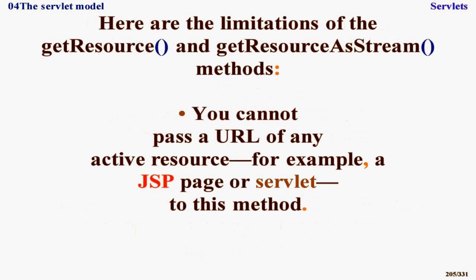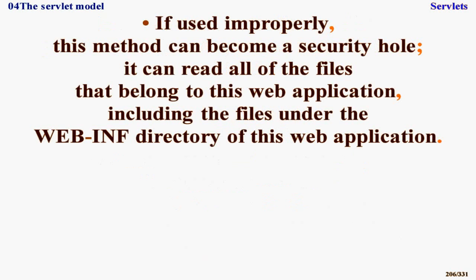Here are the limitations of the getResource and getResourceAsStream methods. You cannot pass a URL of any active resource, for example, a JSP page or servlet, to this method. If used improperly, this method can become a security hole. It can read all of the files that belong to this web application, including the files under the WEB-INF directory of this web application.